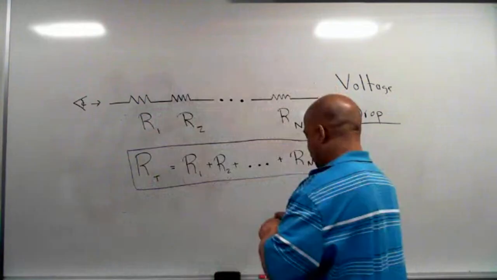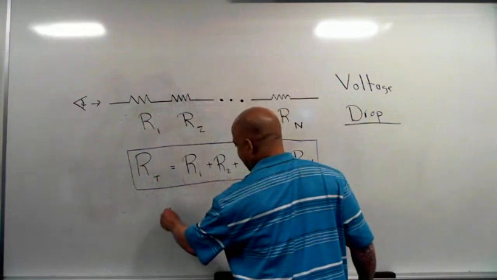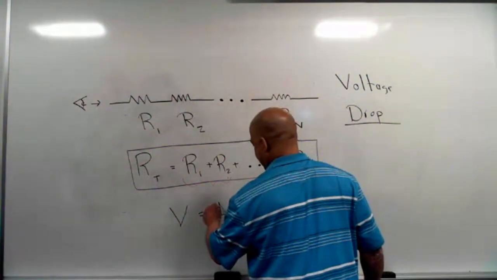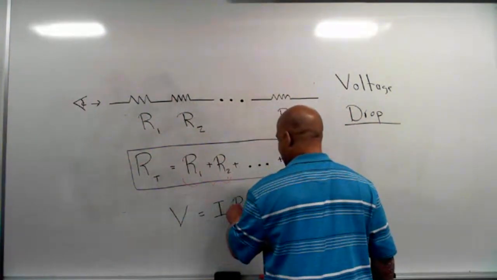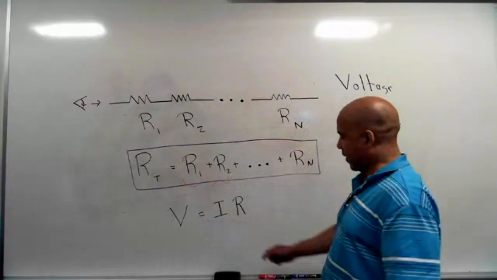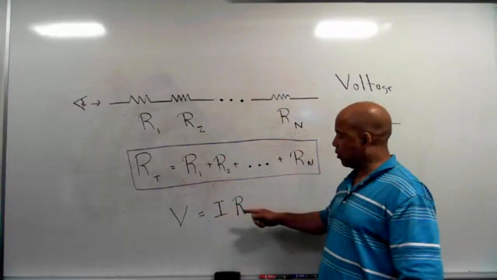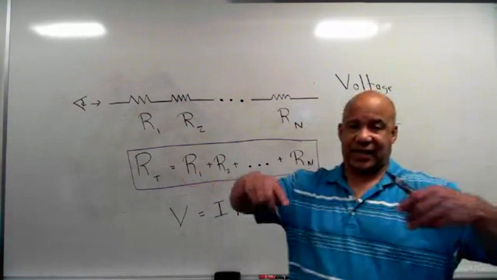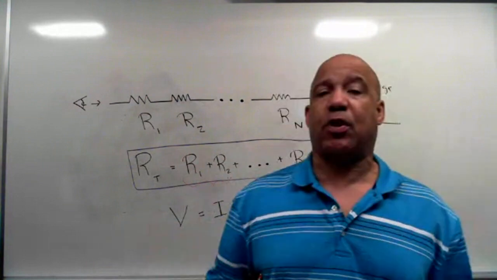This equation, Ohm's law, says that voltage equals current times resistance. And so if I have a current flow through a resistance, I get a voltage. And the voltage that exists across that resistor is called a voltage drop.